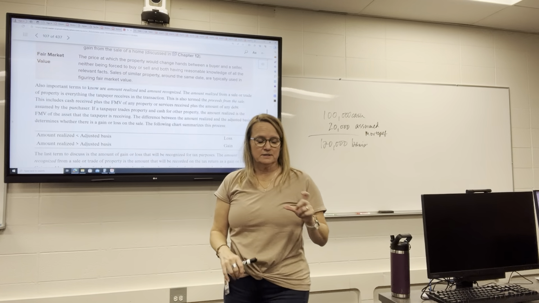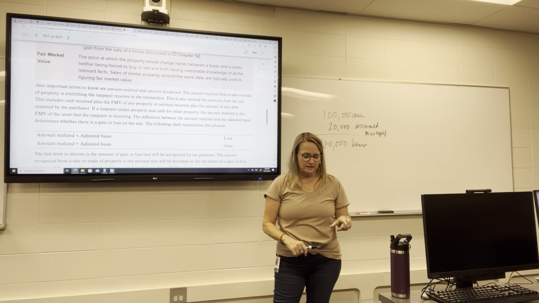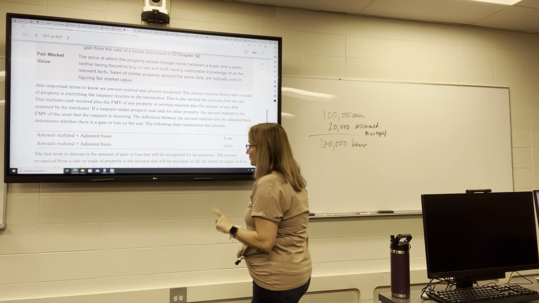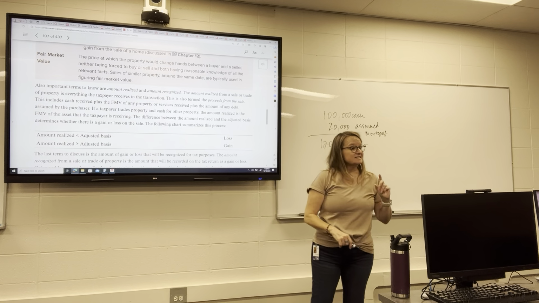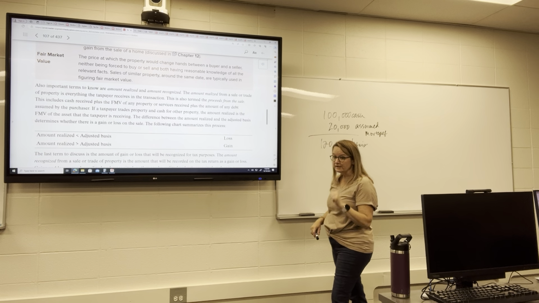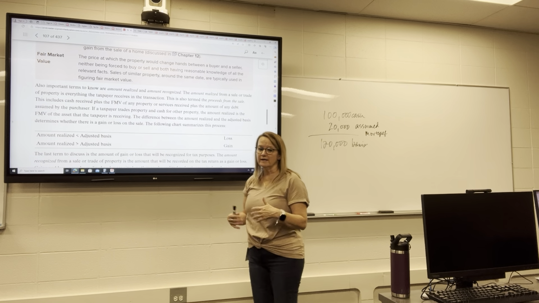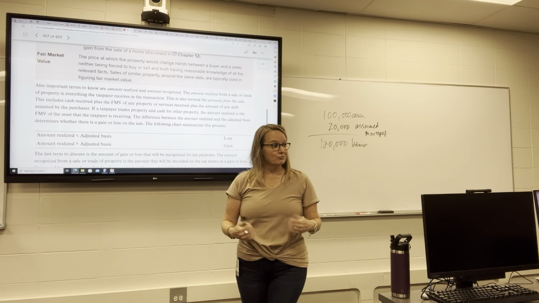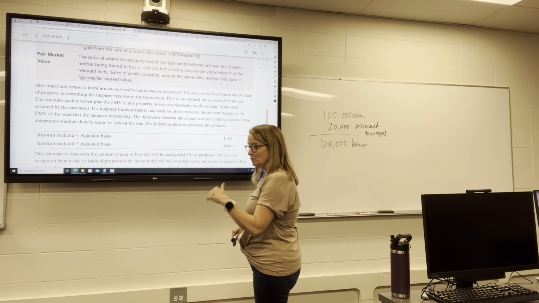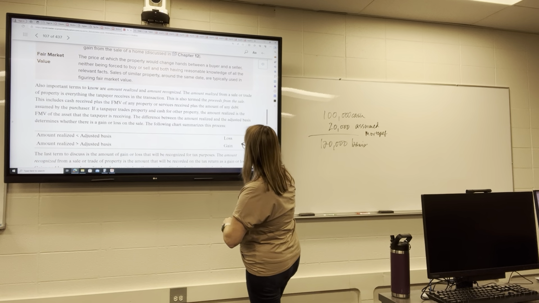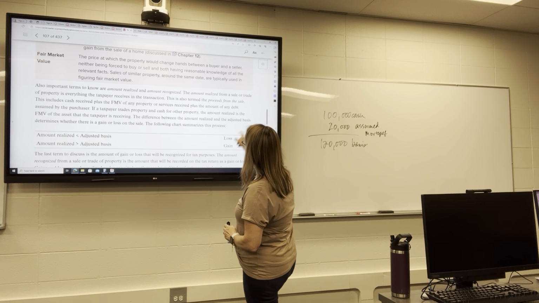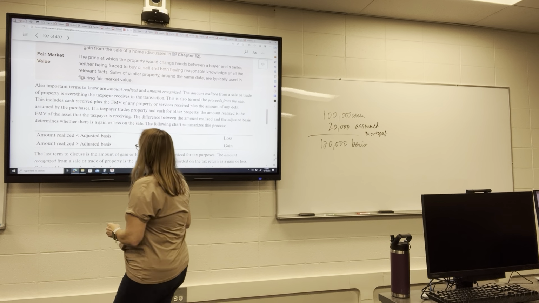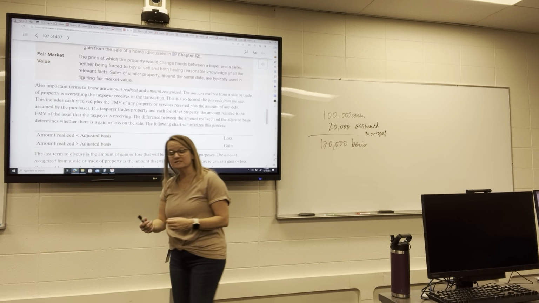Okay, so when we talk about gains and losses, we need to look at the difference between recognized gains and realized gains. Something is realized when it happens, but it's not recognized until we have to pay some sort of tax on it. So the amount realized from a sale or trade of property would be everything that you receive in that transaction.